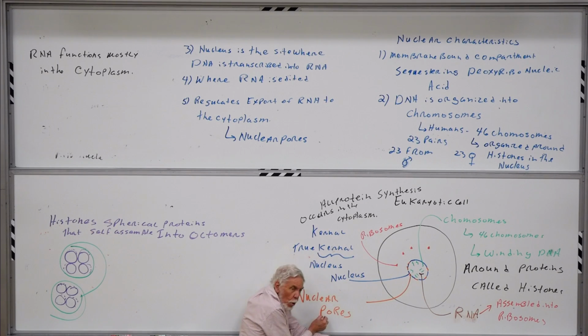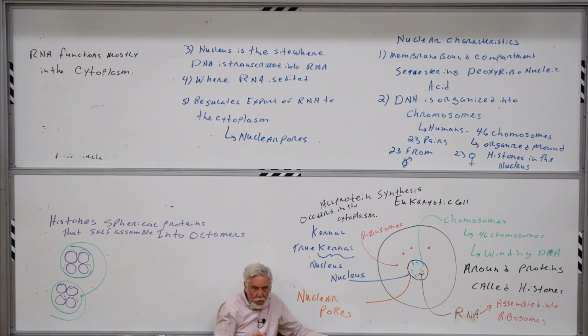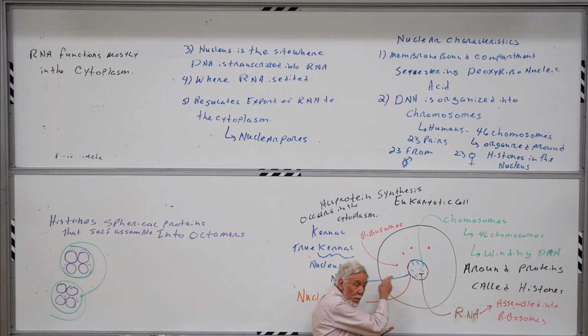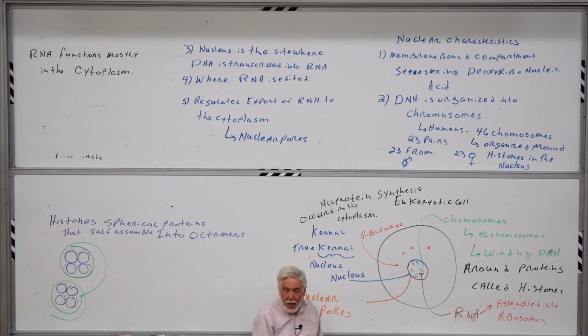Now, this term pores is really a misnomer, because when you think of a pore, you just think of an opening, an open pathway. And these nuclear pores are not open pathways. The nuclear pores are composed of some 300 or 400 proteins. So they're a complex of proteins that use tremendous amounts of ATP to open and close.